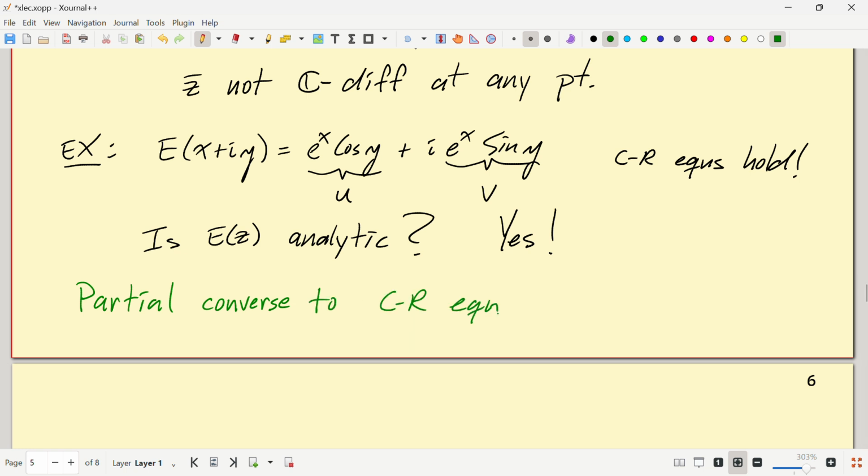And the annoying thing between holomorphic and analytic is this assumption that I need a C1 smooth u and v. So let's see, whenever we're talking about analytic, we require an open set to be in the background.